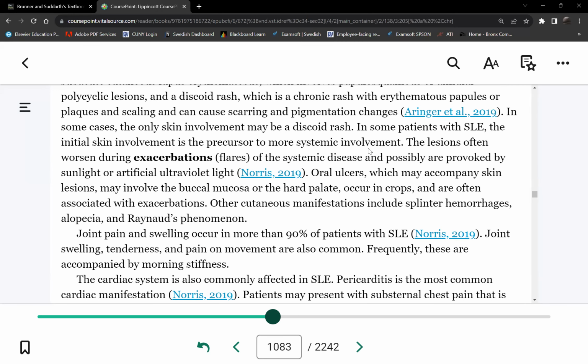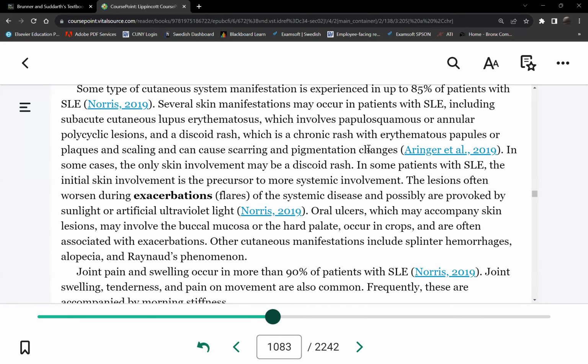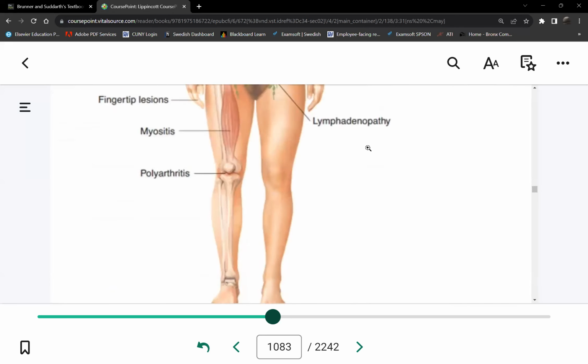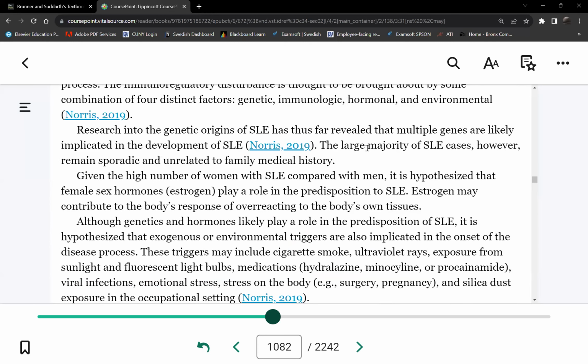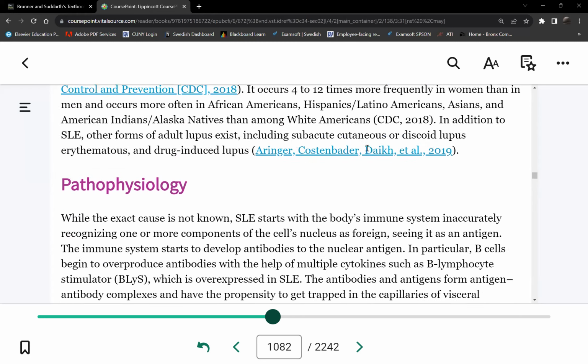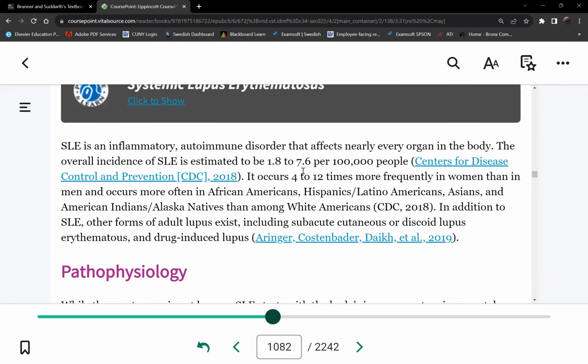Now, the population affected with lupus are actually young, more females than men. Let's look at the incidence right here. So we've got more women, and the age group affected here are between 20 and 40. So these are childbearing age patients.